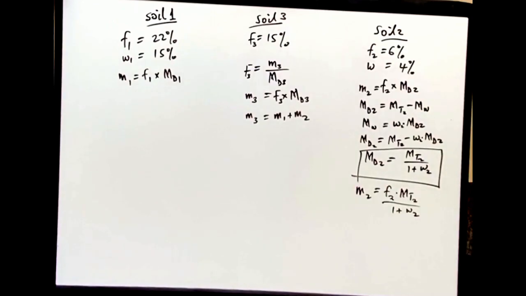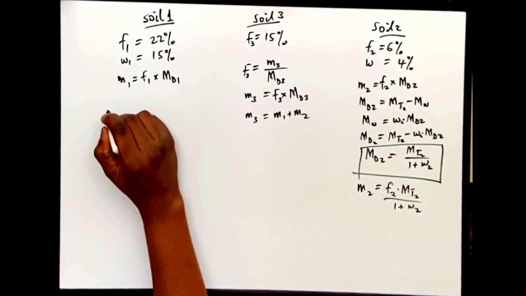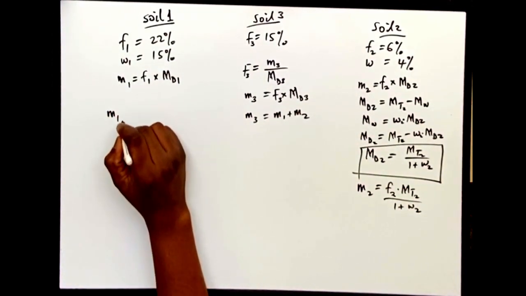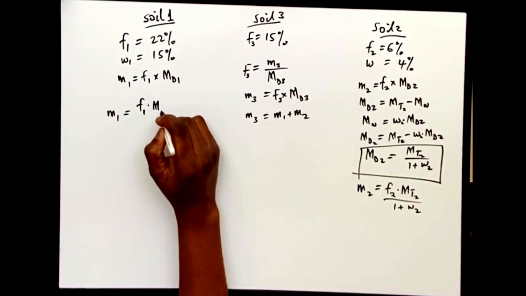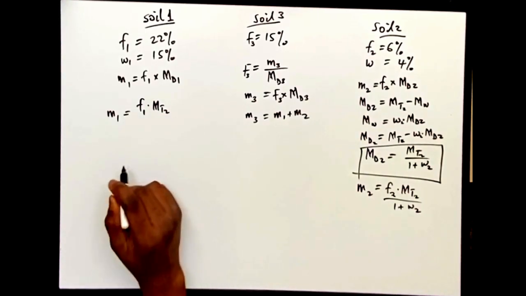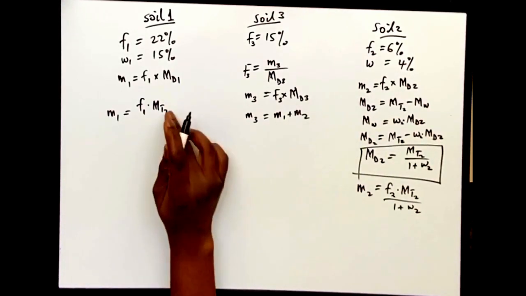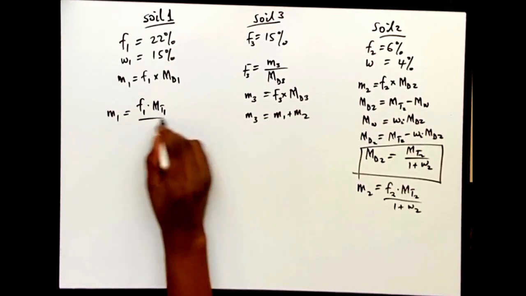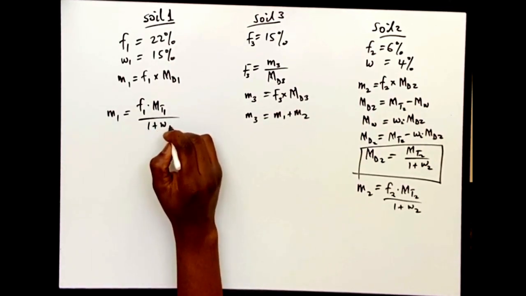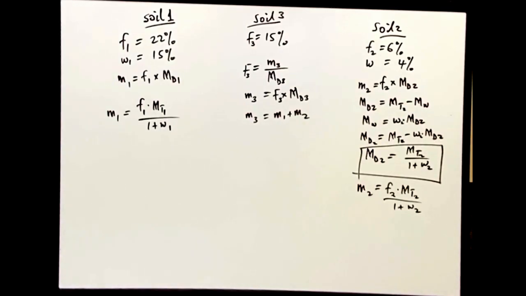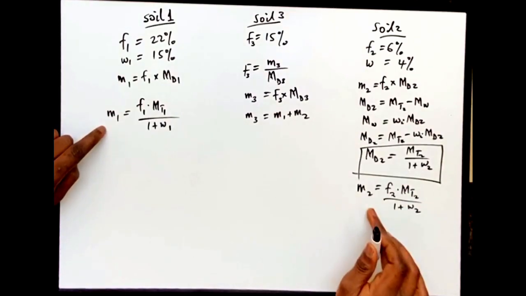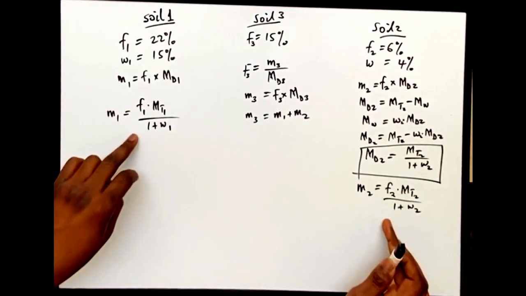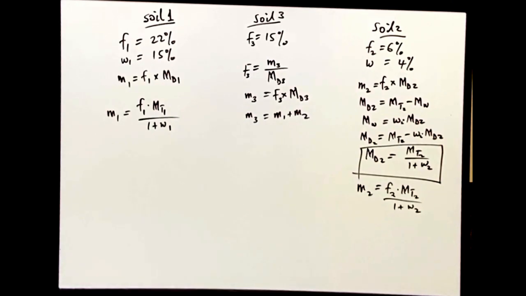In a similar fashion, we can write the same relation for soil 1, fines content F1 times total weight of soil 1, over 1 plus the moisture content of soil 1. So in other words, we have M1, M2. If we add these two, that gives us M3, right?